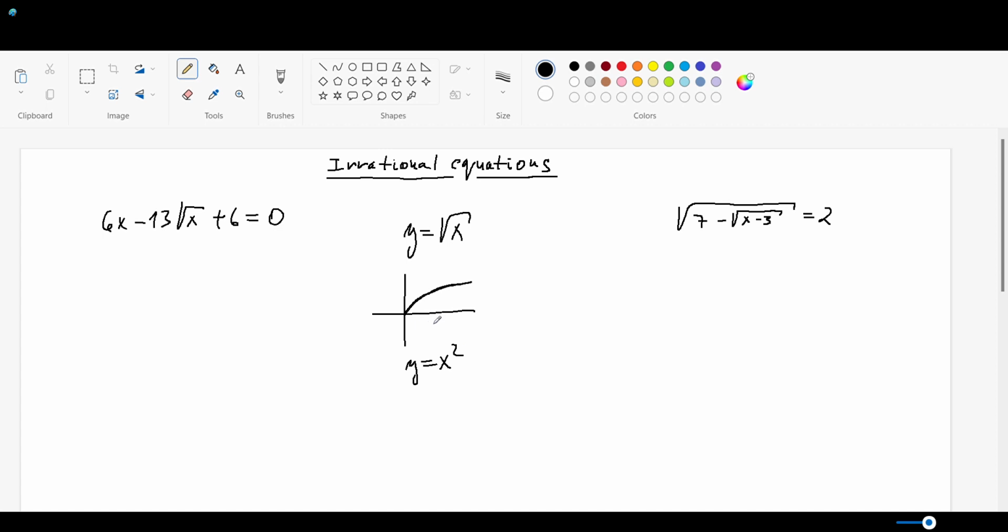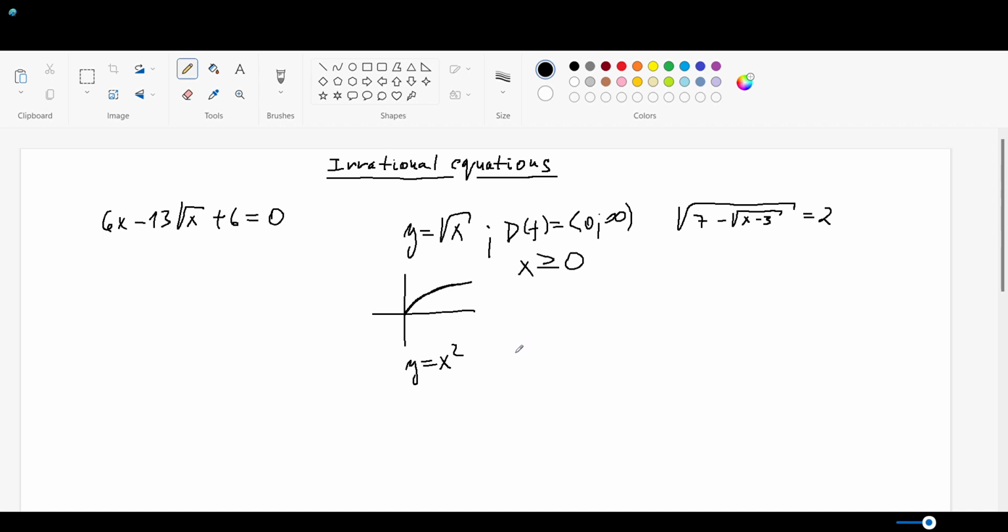And as you can see and read from the graph, this function is really defined for all the x's. So the domain of the function is from 0 to infinity, which means x must be greater or equal to 0.